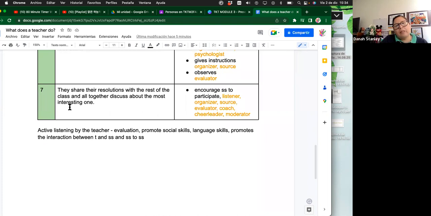And the last activity is that they share their resolutions with the rest of the class and all together discuss the most interesting one. It can be the most interesting one or the strangest, no? Or it can be the cheapest, or the most expensive, or the most difficult, depending on what I want them to do.